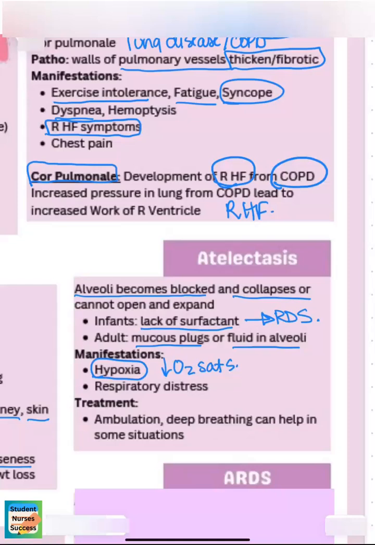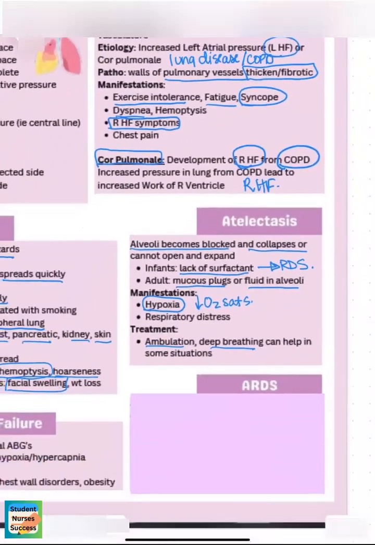In mild cases of atelectasis, we know that ambulation and deep breathing can really help kind of reinflate those alveoli. And so those might be great nursing interventions in situations where people are maybe immobile and we're really trying to get them up and moving.